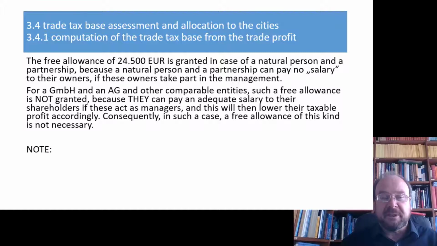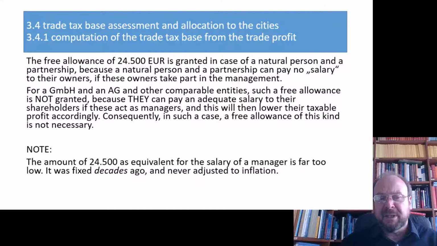You should naturally wake up a bit and say, oh my God, 24,500 as adequate equivalent for the salary of the director of, okay, let's admit perhaps a small enterprise. Can that be adequate? That is 2,000 gross per month and some 500 or so on top.